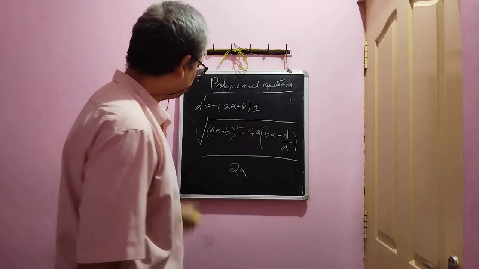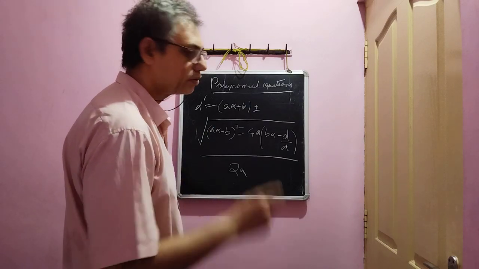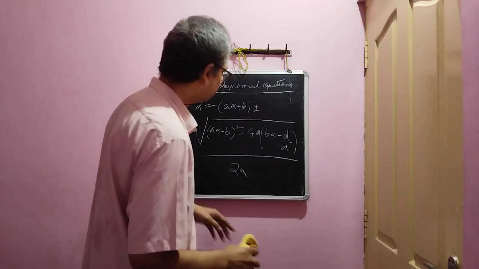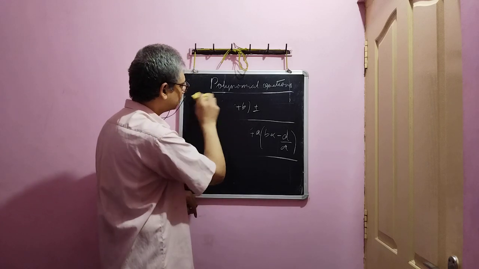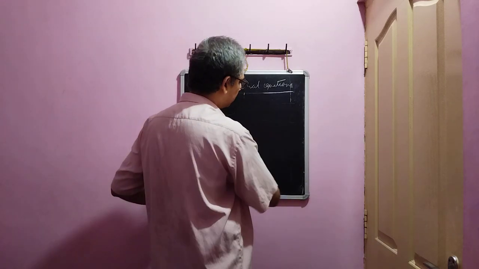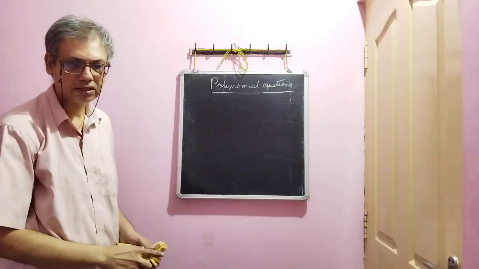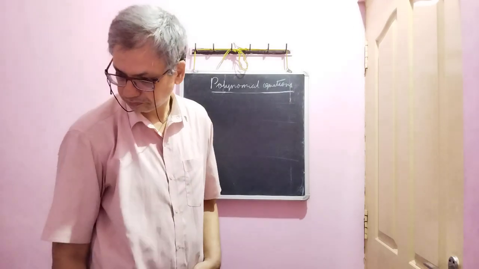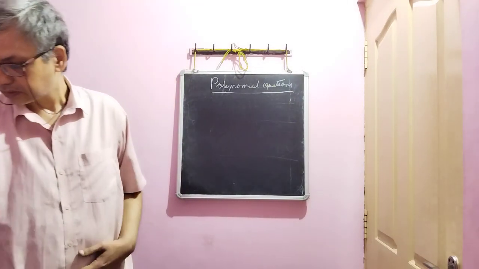So alpha plus alpha dash will be another solution. Each of these values can be added to alpha for the cubic equation to obtain the other two roots. So if we know one root of a polynomial equation, we can obtain the other two roots as well. Similarly, if we can solve a cubic equation, we should be able to solve a biquadratic equation in terms of a cubic equation.